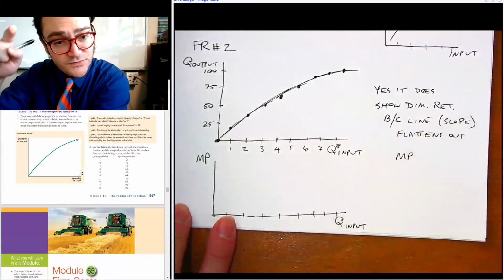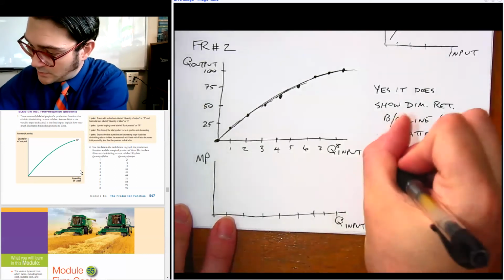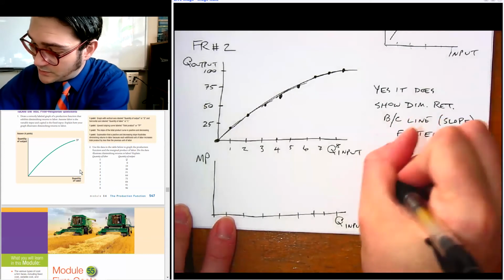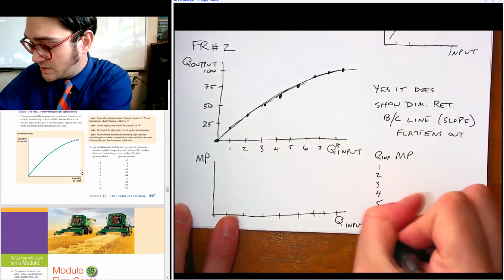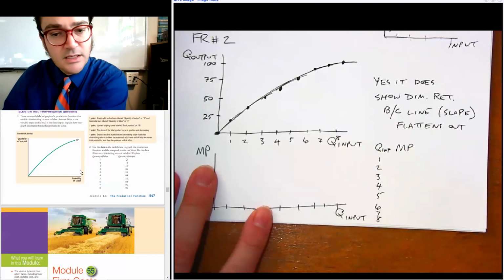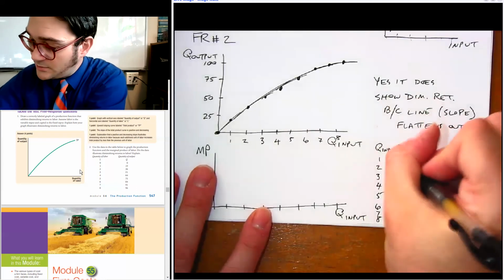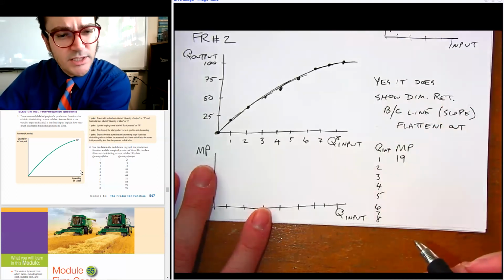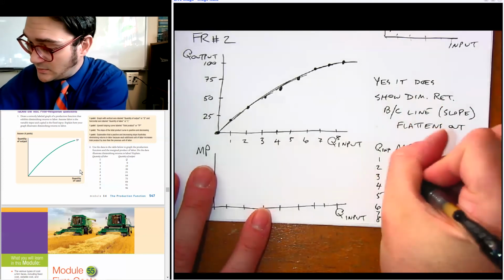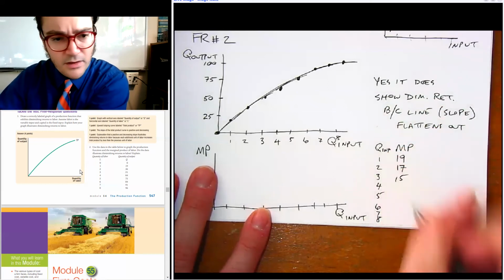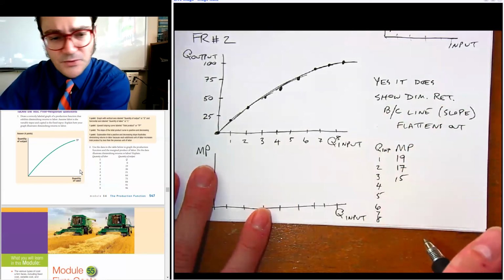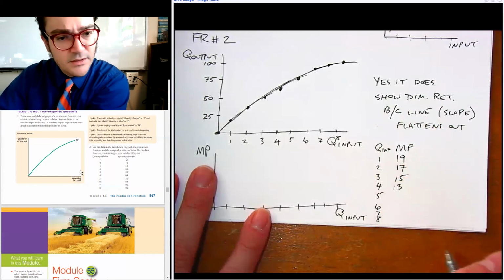It's the change from 0 to 19, so it'll be 19. Then 36 minus 19 is 17. And 15. And then 64 minus 51 is 13.